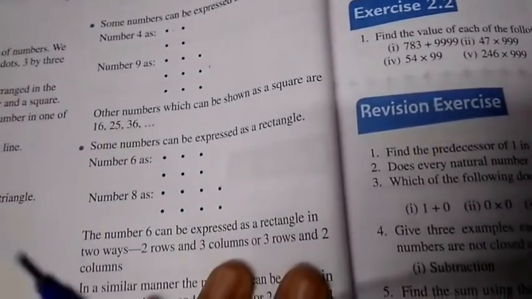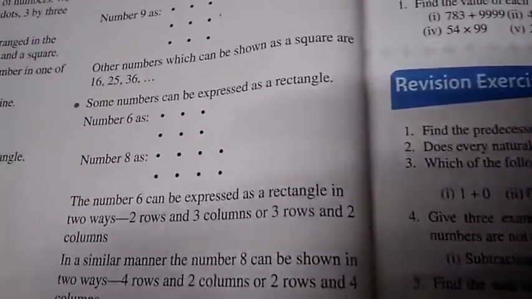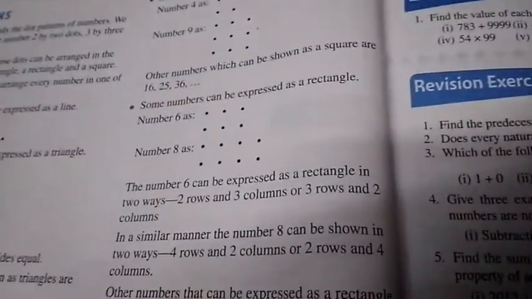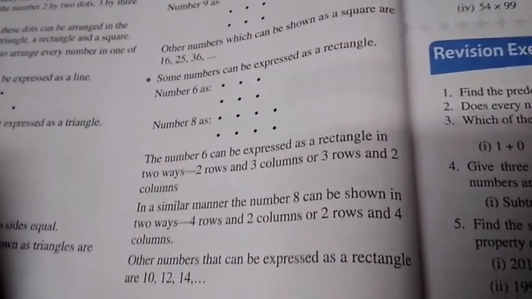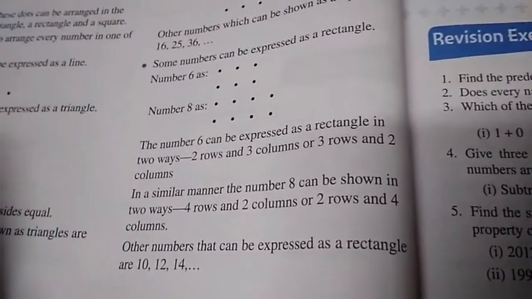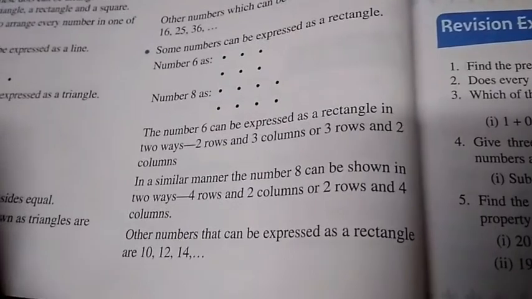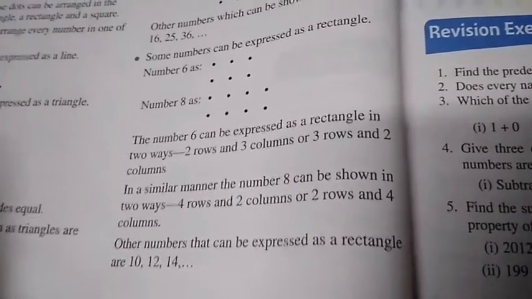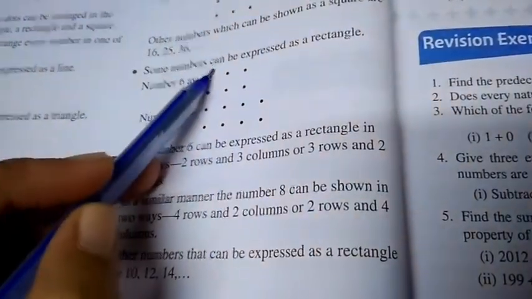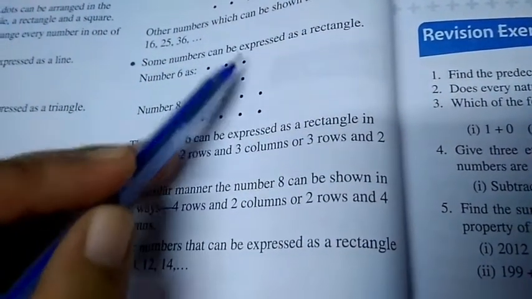Then some numbers can be expressed as a rectangle. Now what is a rectangle? In a rectangle the opposite sides are equal, right? So the number 6 can be expressed as a rectangle in two ways: 2 rows and 3 columns, or 3 rows and 2 columns. Like here, you can see 1, 2, 3, and here 2, 2.